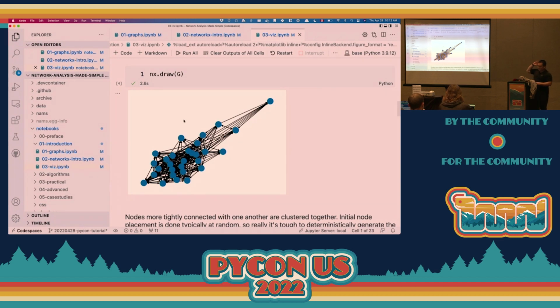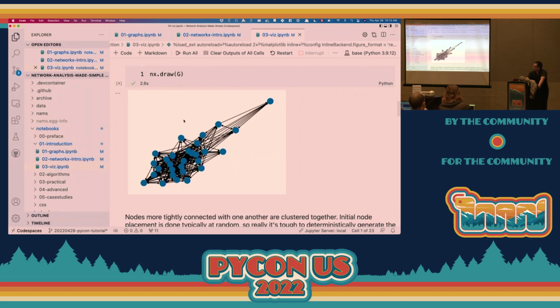You see a bunch of circles laid out according to some physics-based, force-directed algorithm that clumps highly connected stuff together and puts poorly connected stuff out on the periphery. It is indeed one way of visualizing graphs, but as you can see with this graph from the previous notebook, this is going to very easily turn into a hairball, especially as you go to more and more nodes and more connections inside the graph.